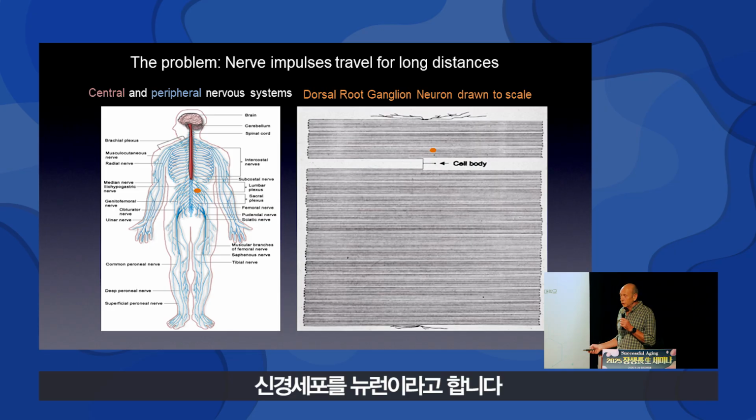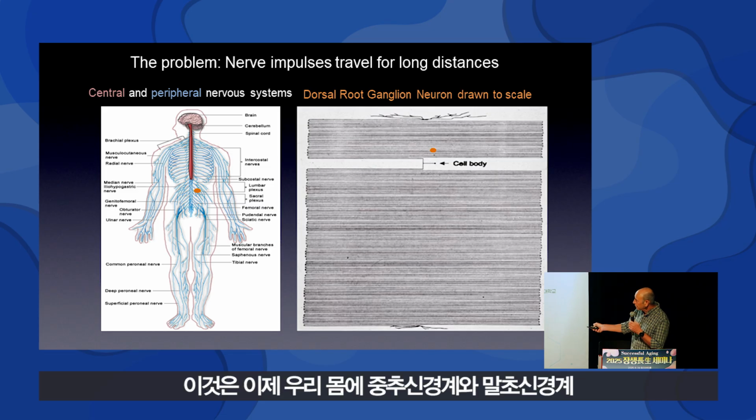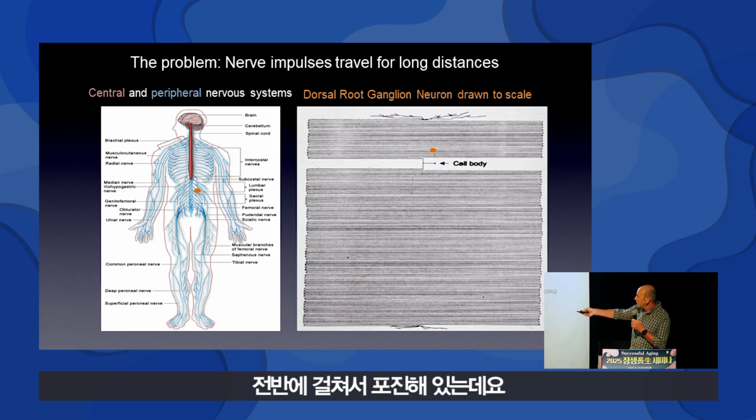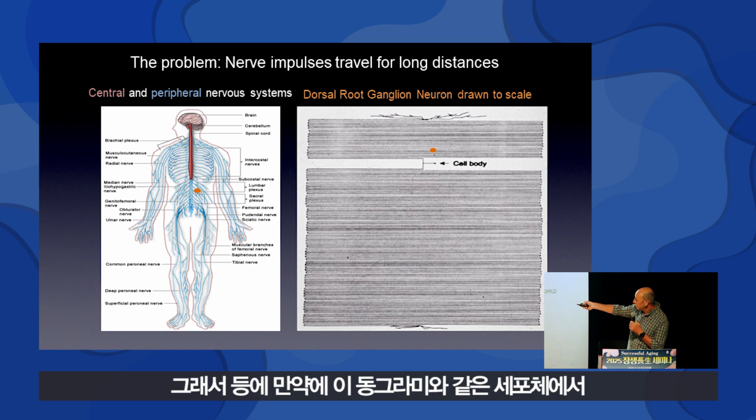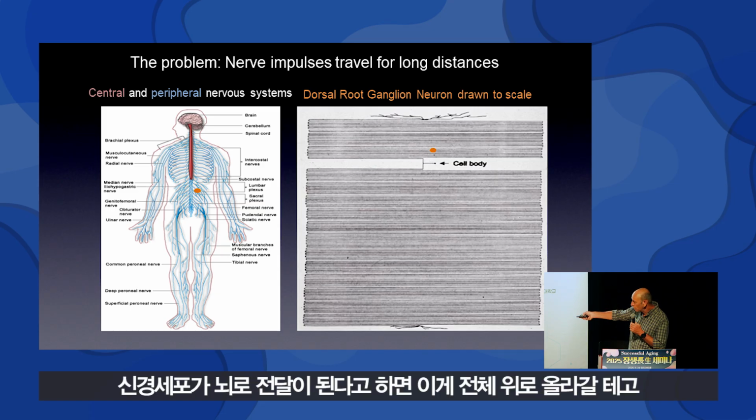What is the issue? For example, a nerve cell called a neuron that is present here near our backs sends processes that go up to the central nerve system, but it also sends processes that go all the way to our feet.